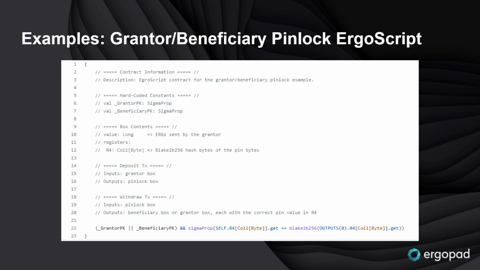So in the R4 register, we stored the hash of the pin, and in the withdrawal transaction, the user public key box, even though the address is the user's public key, the registers can be custom defined, and the contract enforces that R4 of that box must be the hash of the pin. So if the user who creates this transaction creates an output box with the correct pin, then they can spend the pin lock box.